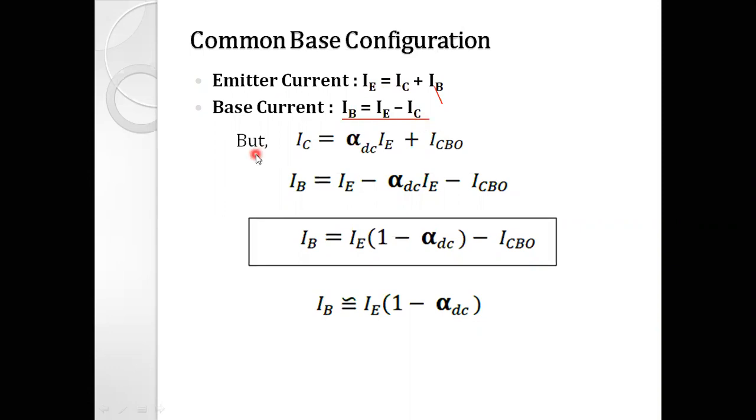In the previous slide, we derived IC in terms of alpha DC as alpha DC into IE plus ICBO.